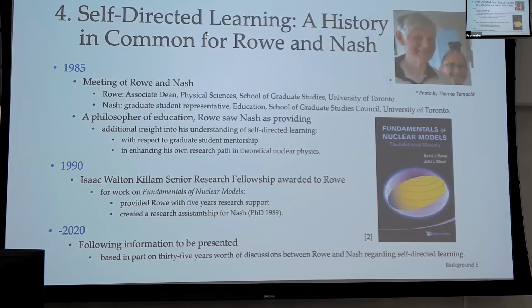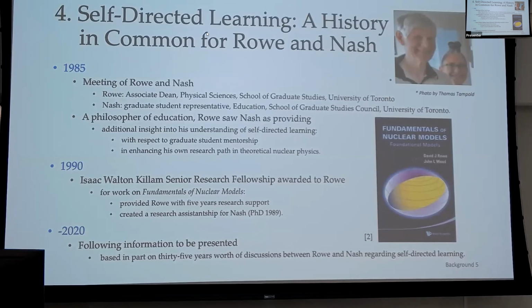Okay, now the next thing, the 4th thing regarding this background I'm talking about, this is how it was that David and I actually got together here. We first of all met in 1985 when David was the Associate Dean of Division 3, which was the physical sciences in the School of Graduate Studies, and I was elected from the Department of Education to be on the School of Graduate Studies Council.